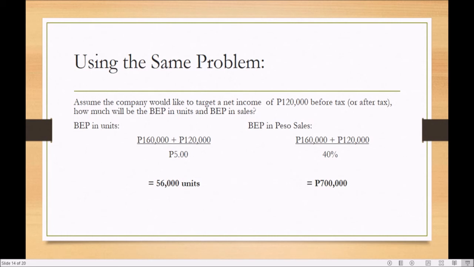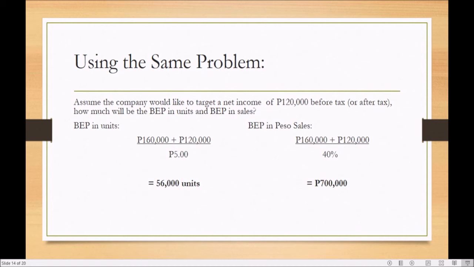How about in break-even point in peso sales? 160 plus 120, i-divide mo yan by 40%. Ibig sabihin po nun, we have 700,000 pesos sales to achieve the 120,000 before tax na net income. Okay?